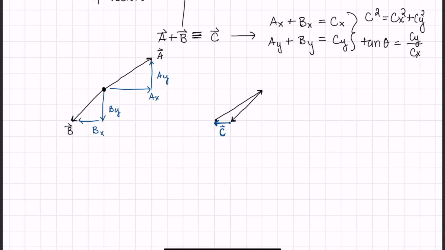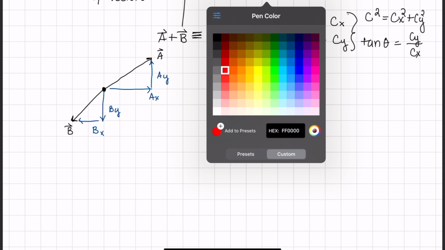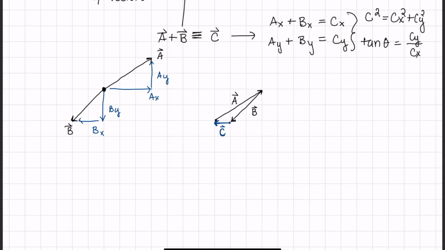And so part of the reason why I don't like to draw it this way, at least not for this example, I chose kind of a bad example, but I'll try and draw in some different colors here so that way hopefully you can see what I'm talking about. But with the numbers, so I'll do A in red.